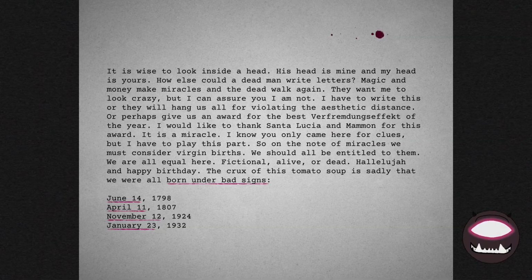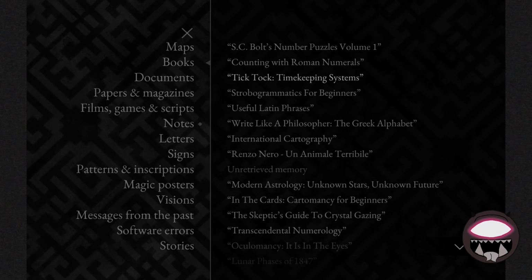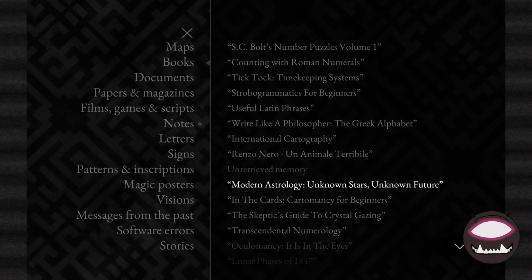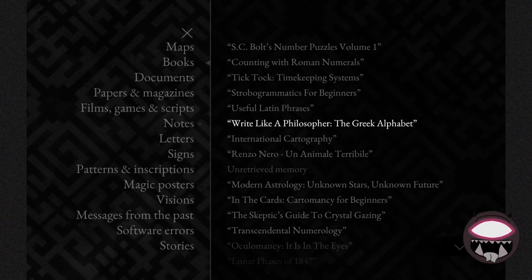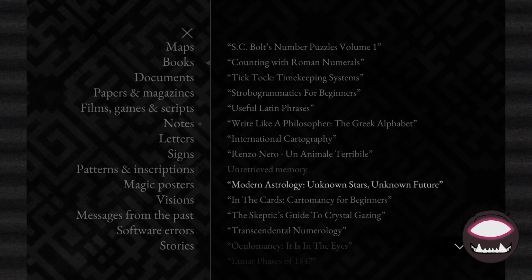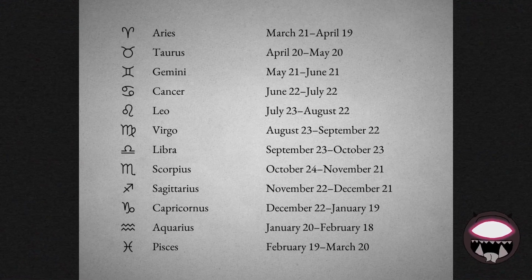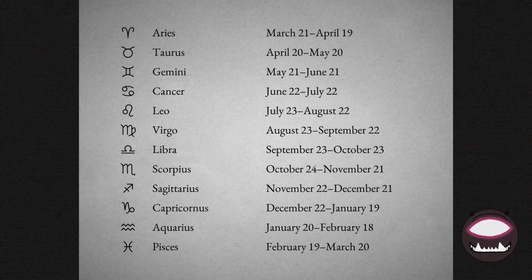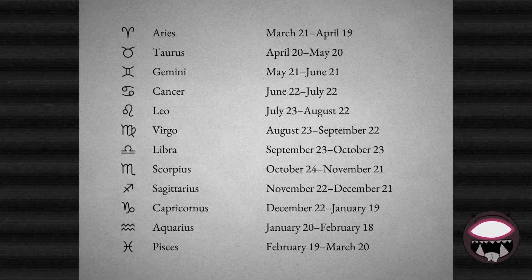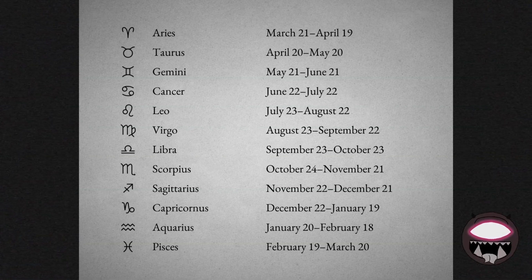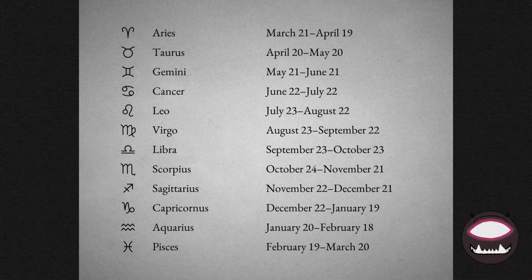Okay, so then we cross-reference that to these. Zodiacs. Okay. So June. So Gemini. April 11th, Aries. November 12th, Scorpius.